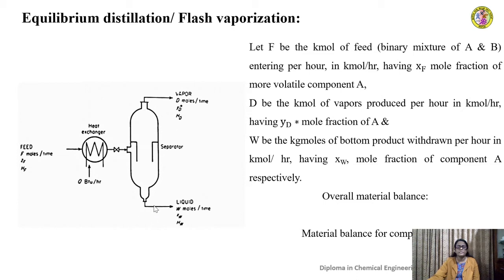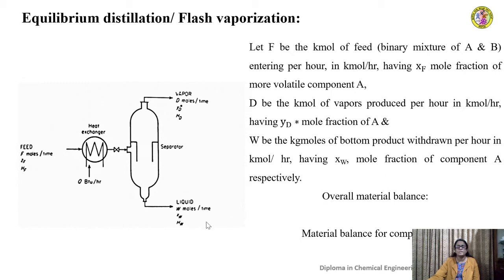In the same way, let us assume the notations for the liquid coming out from the bottom. W moles per time is the liquid coming out from the bottom, which has a composition represented by XW. So XW is the mole fraction of component A in the bottom product, whatever liquid is coming out from the bottom.